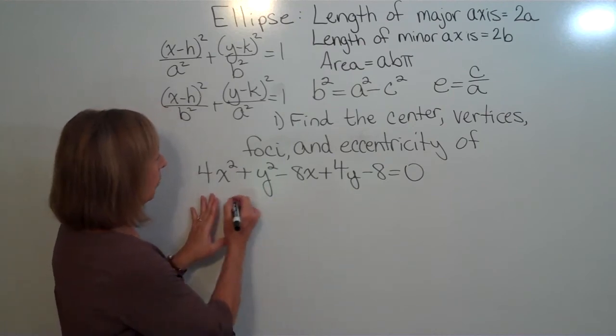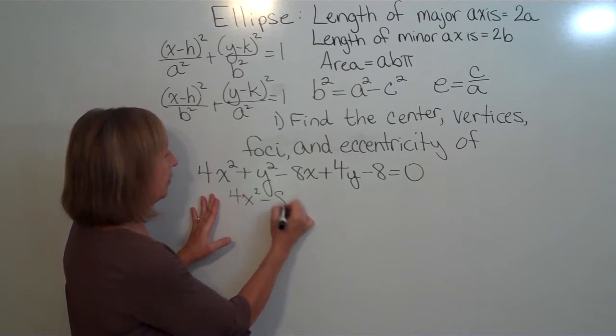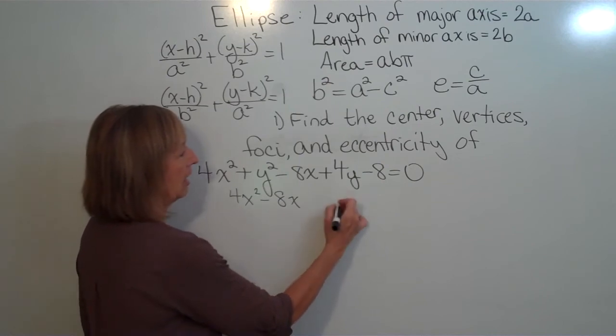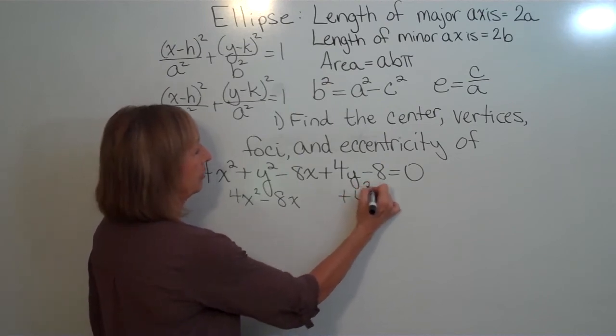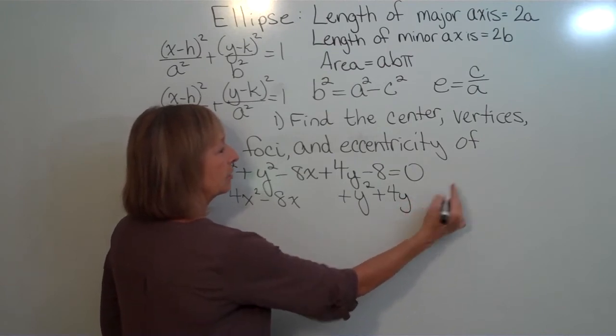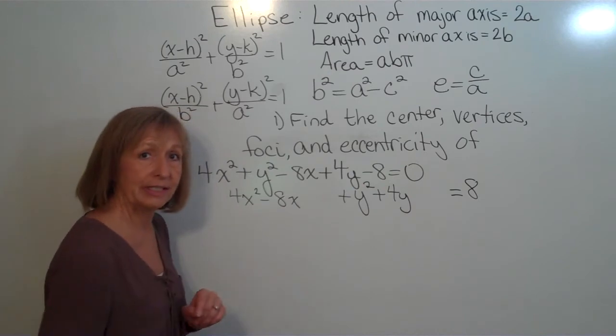We're going to first rewrite it by getting the x variable terms together, leave a space for completing the square, and then the y variable terms next to each other, leave a space for completing the square, equal to, and we're going to add that constant over to the other side.